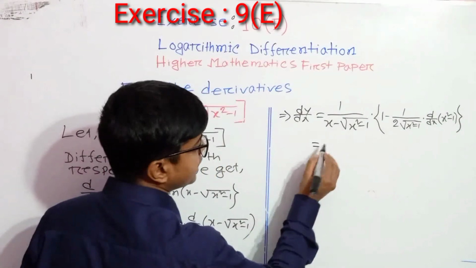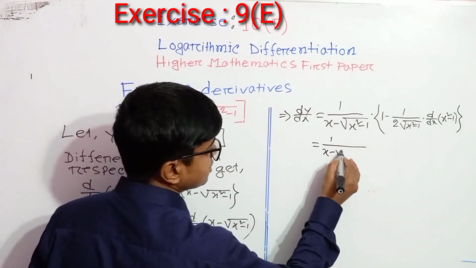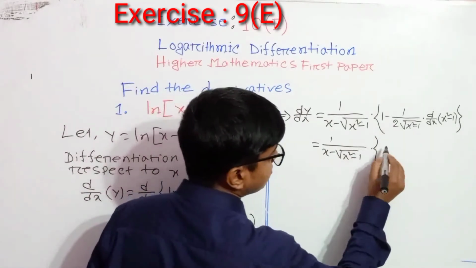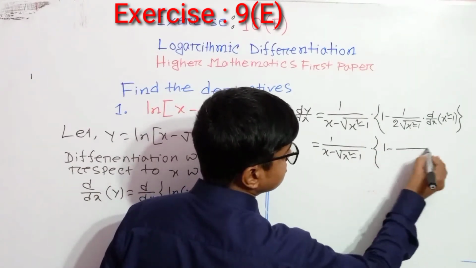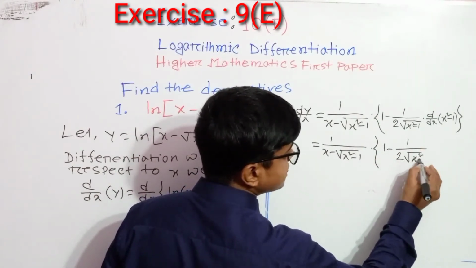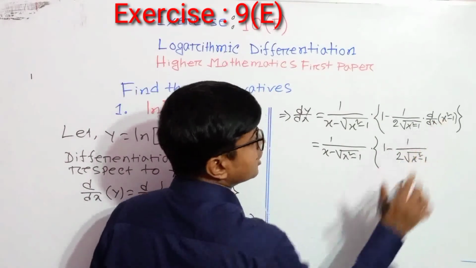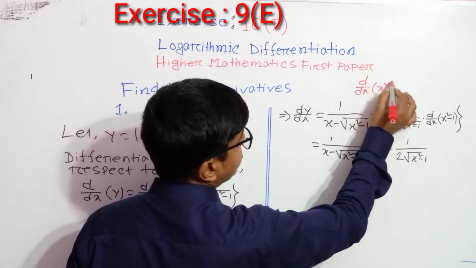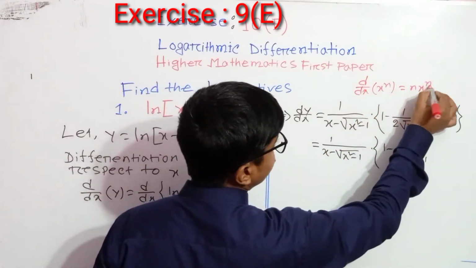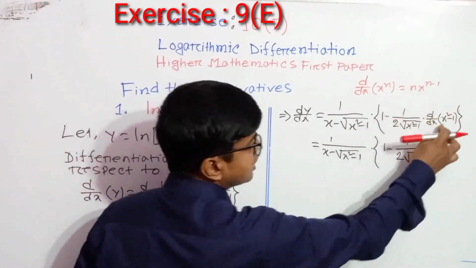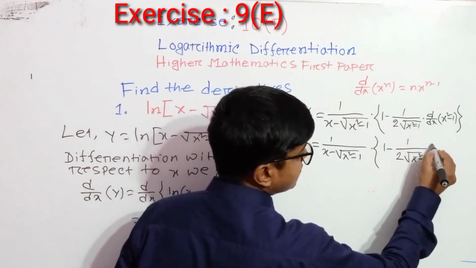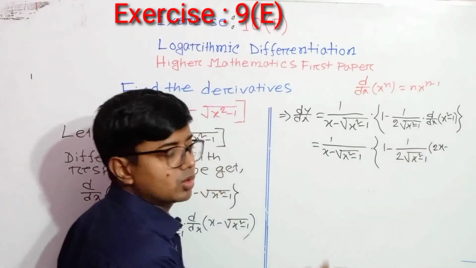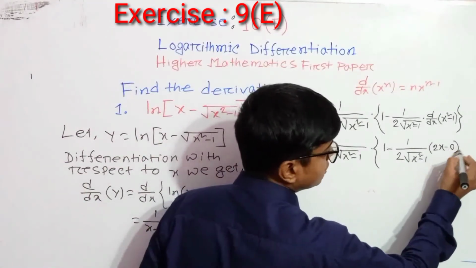Okay, here 1 by x minus root over x square minus 1 into 1 minus 1 by 2 root over x square minus 1. And for this part we know the formula d/dx of x to the power n equals n into x to the power n minus 1. For this reason d/dx of x square will be twice x, and minus d/dx of 1, which is constant, so it will be 0.